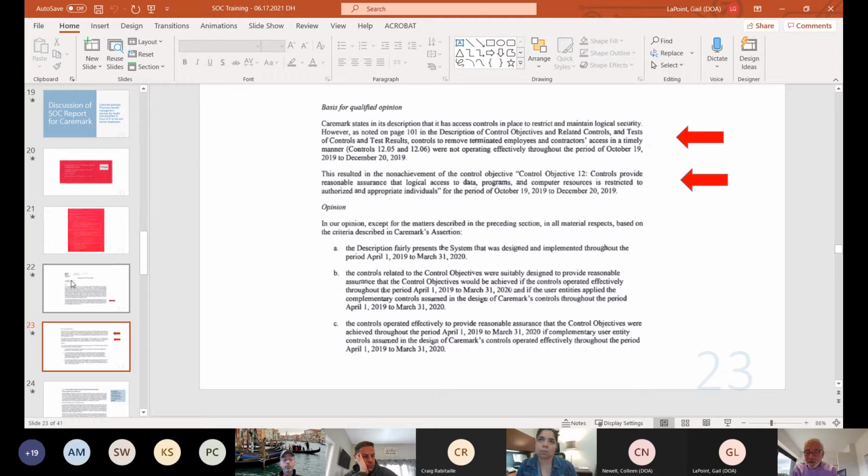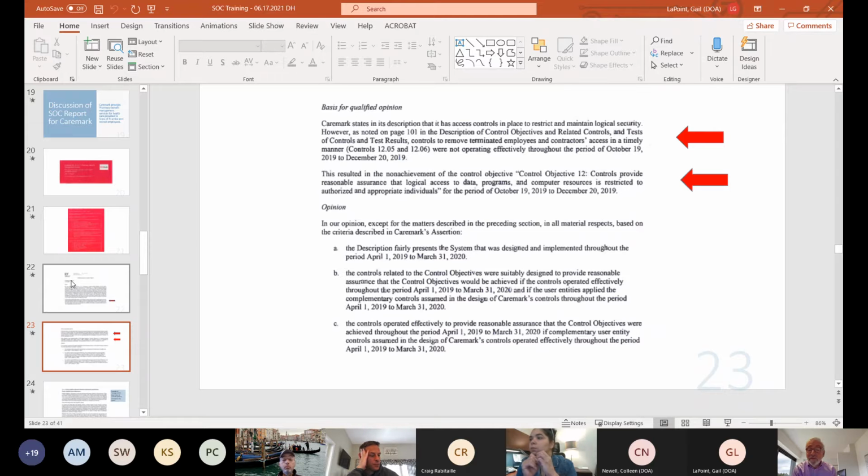Quickly, I'll show you this on a couple of slides, but they had an automated process, and I'm oversimplifying here, but that basically was connected to their HR system. So if an employee was terminated, there was an automated functionality that, through a script they ran, terminated their system access as well.